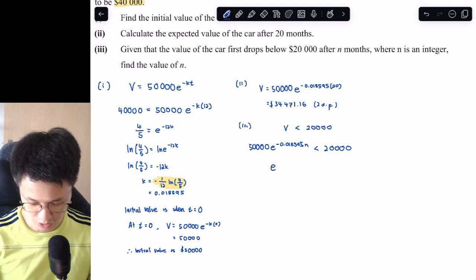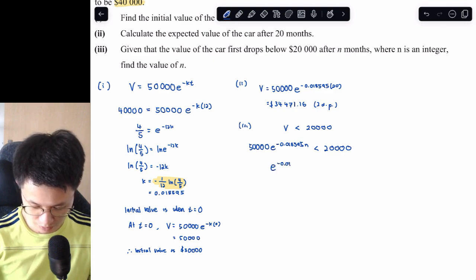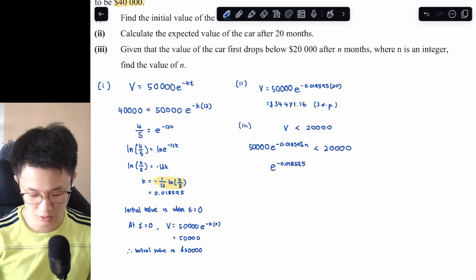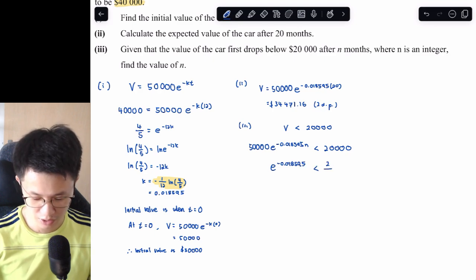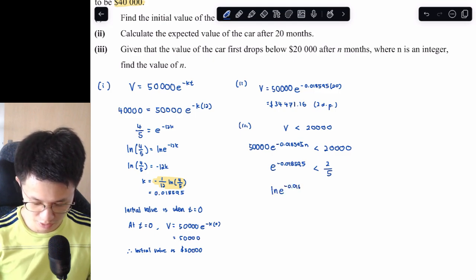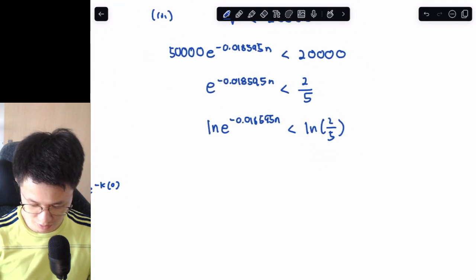For inequality questions, you deal with them similarly to how you solve exponential equations. So over here, this will be 2 over 5. You can still perform a ln operation on both sides. So negative 0.018595n less than ln 2 over 5. You realize it's actually pretty straightforward.